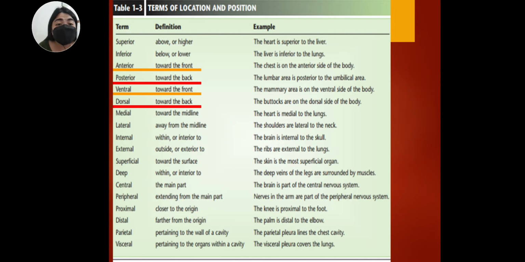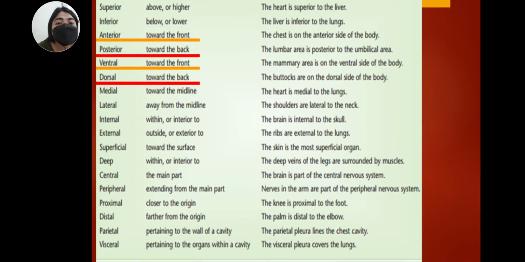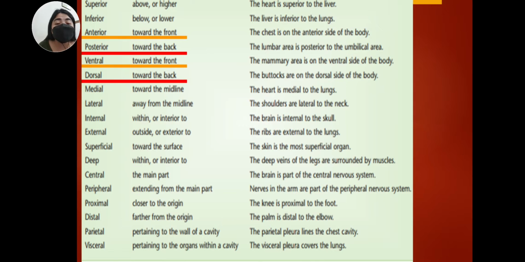Okay? So let's proceed to proximal. For proximal naman, the knee, let me zoom it so that you can read. The knee is proximal to the foot, meaning closer to the origin. Tama. Your knee is closer to the origin than your foot. Then we have distal, further from the origin.